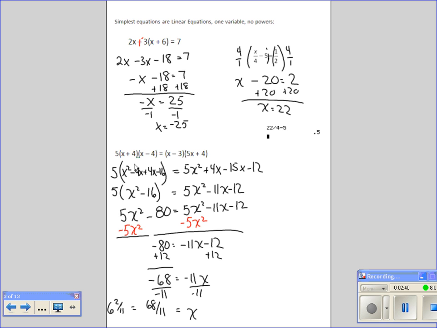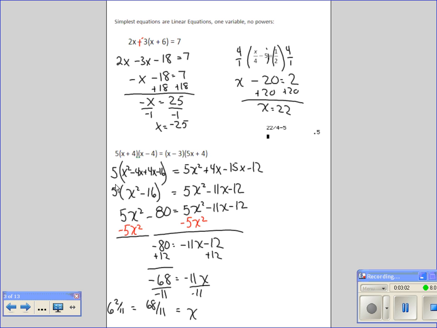This equation looks like a quadratic equation rather than a linear equation, but we can see as we go through the simplification process it does turn into a linear equation. So just a reminder, we can FOIL. x times x is x squared. x times negative 4 is subtract 4x, and 4 times negative 4 is subtract 16.